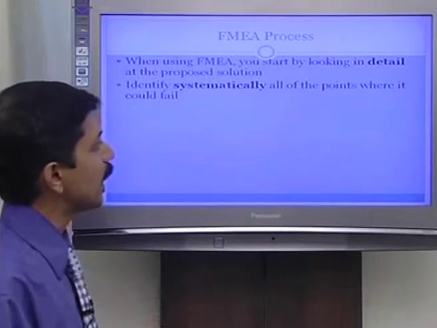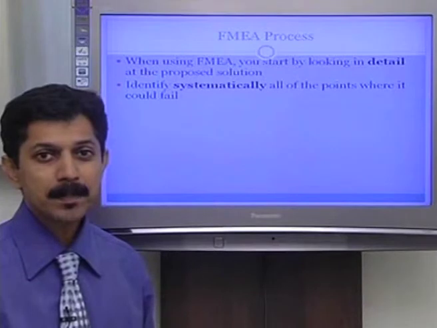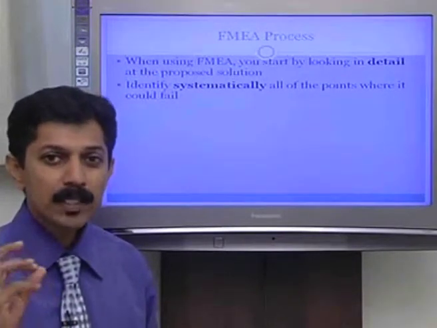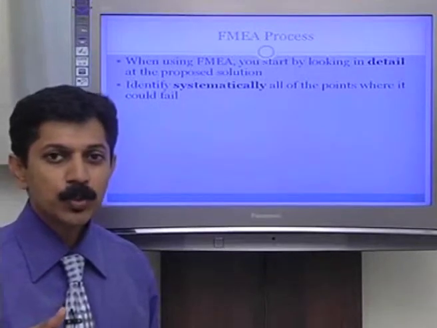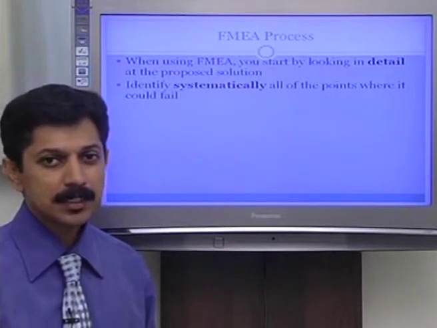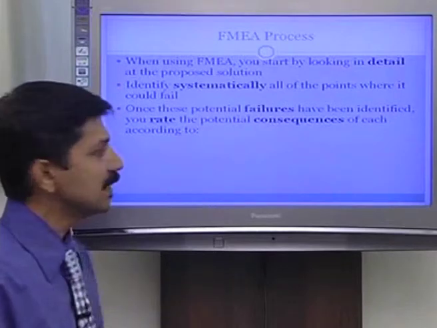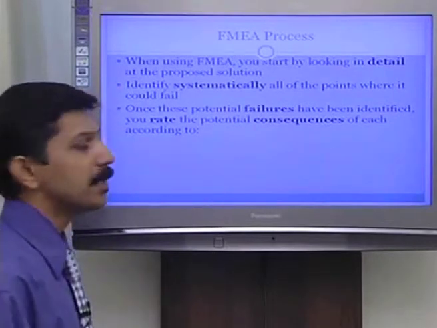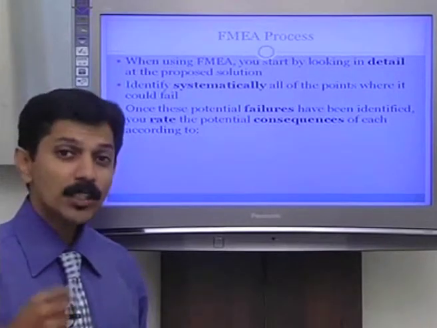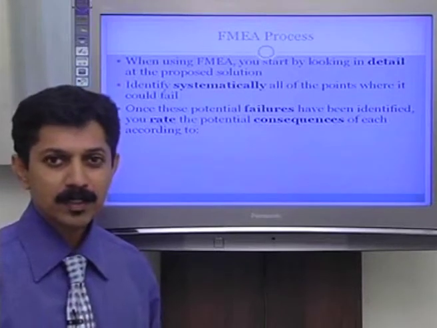Identify systematically all of the points where it could fail. So essentially it is all about having a proactive approach to how we can prevent failures. That's the essence of FMEA. Now once these potential failures have been identified, then you rate the potential consequences of each according to certain factors.